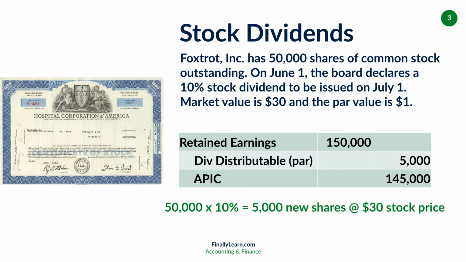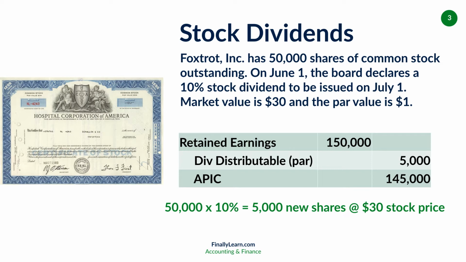So 5,000 shares times $30 selling price is a retained earnings debit of $150,000. So we say the total retained earnings, the total dividend is $150,000, and that's going to be into an account called dividend distributable. Now, for a cash dividend, it's dividend payable.